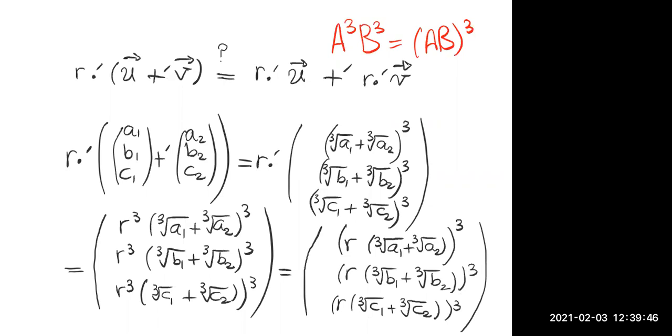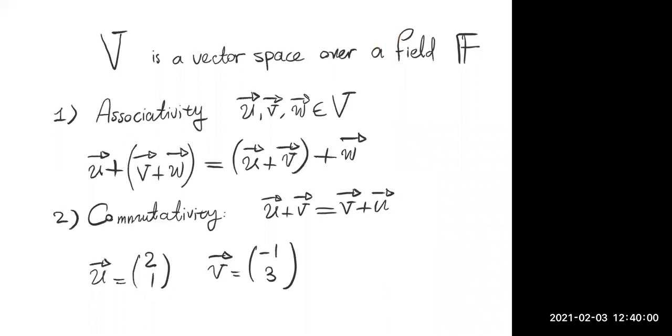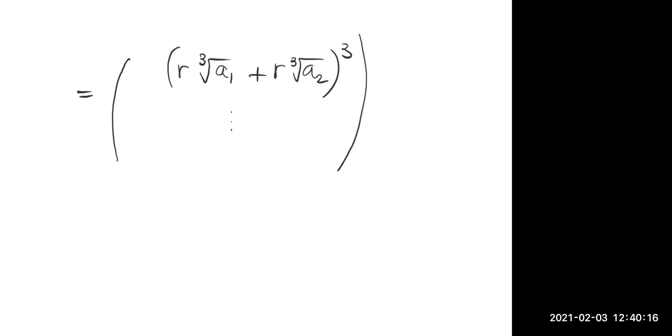Now, these multiplications here are times the other number. These are just the ordinary usual multiplication, so I can just distribute that. That would be equal to (r times the third root of a1 plus r times third root of a2), the whole thing cubed. The same thing holds for the second and third component.